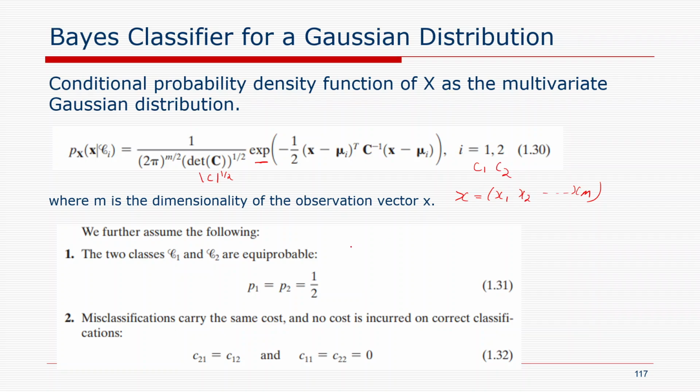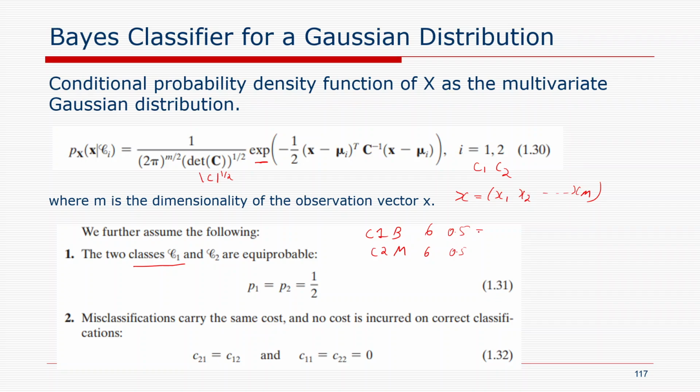We'll also make the assumption that the two classes C1 and C2 are equiprobable. That is, both have equal probability of occurrence. If we take class 1 as benign and class 2 as malignant, and there are 6 samples in the benign and 6 samples in the malignant, then equiprobability indicates 0.5 and 0.5.